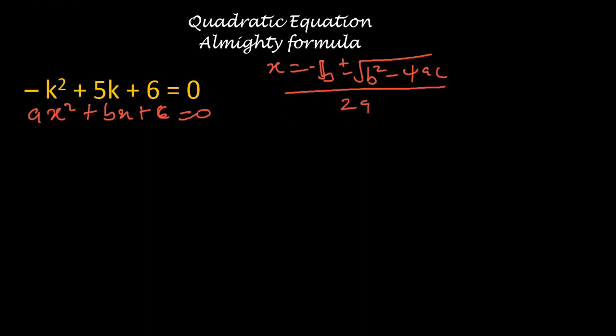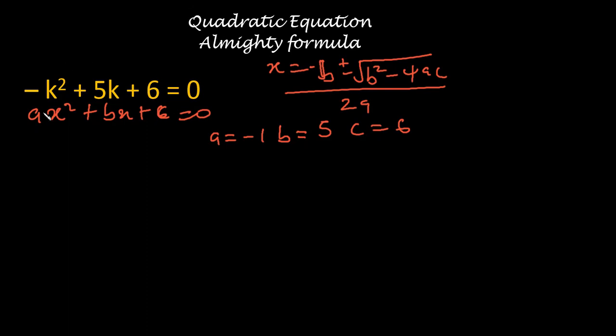So that is it. But in this equation, our a is minus 1, our b is equal to 5, and our c is equal to 6. So when we want to solve this, we just put all of these factors into this equation.